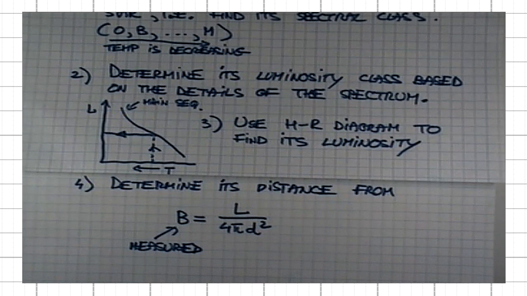Okay, so that is what spectroscopic parallax is. It's a way of determining the distance to the star by using the HR diagram, and of course by measuring its spectral class and its luminosity class.